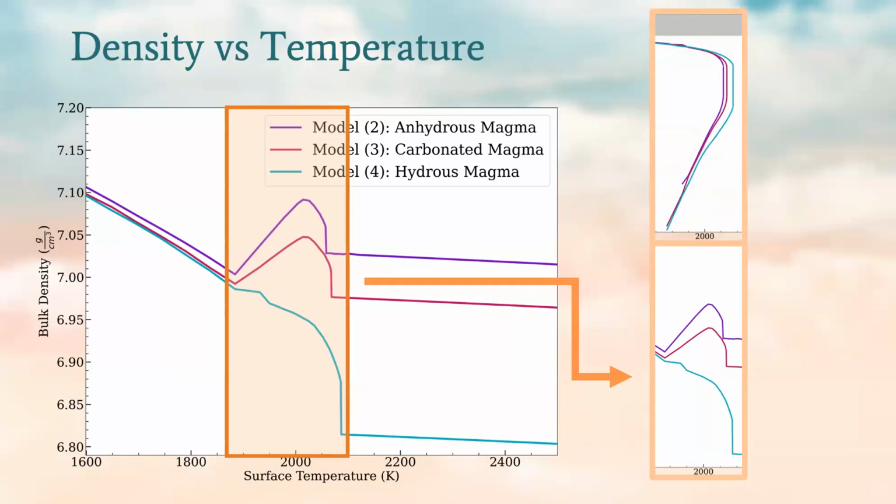And you'll notice that this increase in density corresponds with the formation of this basal magma ocean. And this is really interesting because this shows the compressibility of magma at high pressures. So what we're seeing here is basically just how compressible this magma is.